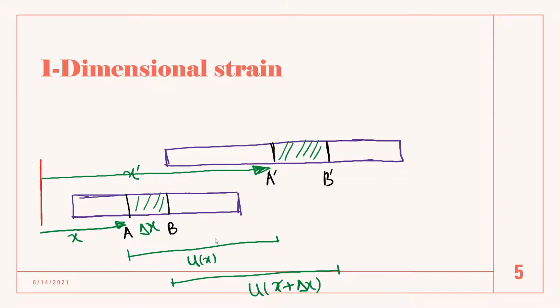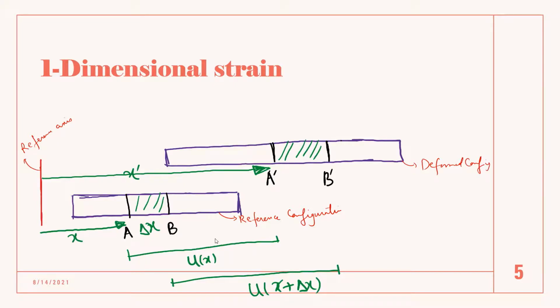We will first understand the one dimensional strain, and what one dimensional strain is. From here we will understand. So let's have a reference axis. This would be the reference axis, and suppose this is our body, which is the reference configuration, and this body is the deformed configuration.